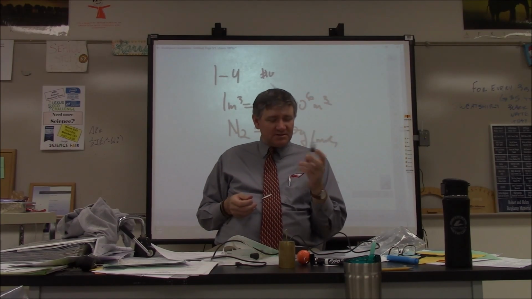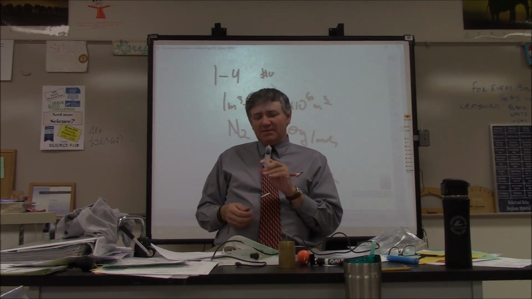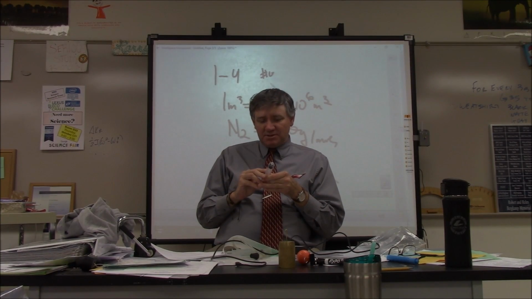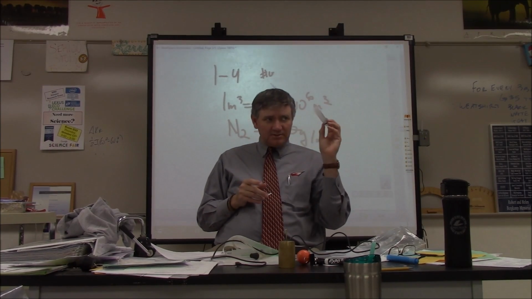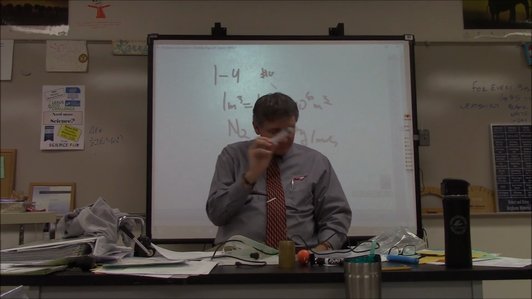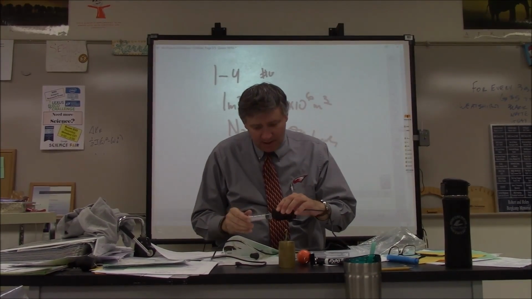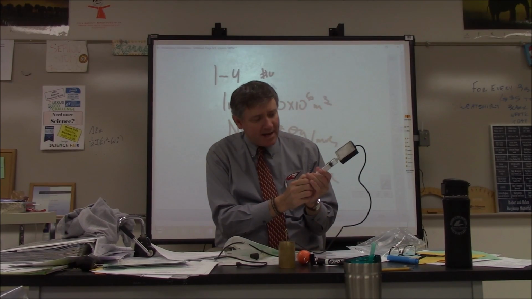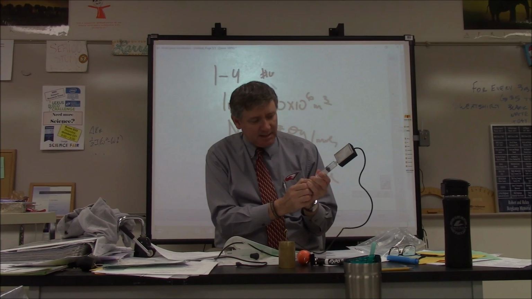So what you're going to do is this. You're going to set this thing, and you have to pay attention to the sequence. You're going to set the plunger at 3 milliliters. We're going to define 3 milliliters worth of particles as a puff. Then you're going to screw that on, and pull that back till it reads 10.